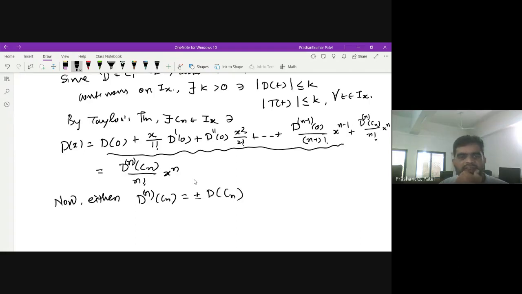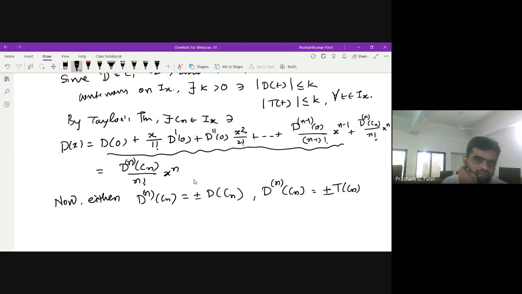If n is even, that means second derivative, fourth derivative, it is in terms of d. And for odd n, it will be in terms of t. For example, the first derivative is t of Cn, minus t of Cn, and so on.